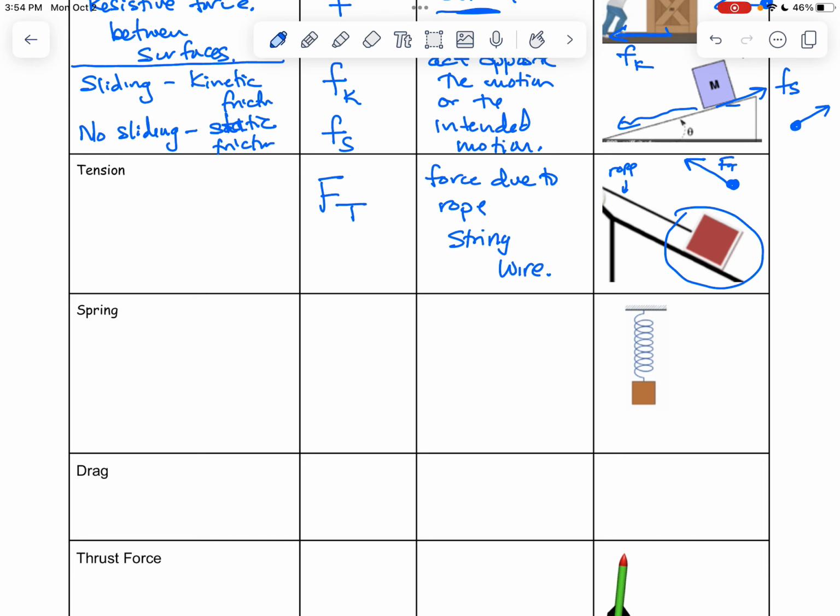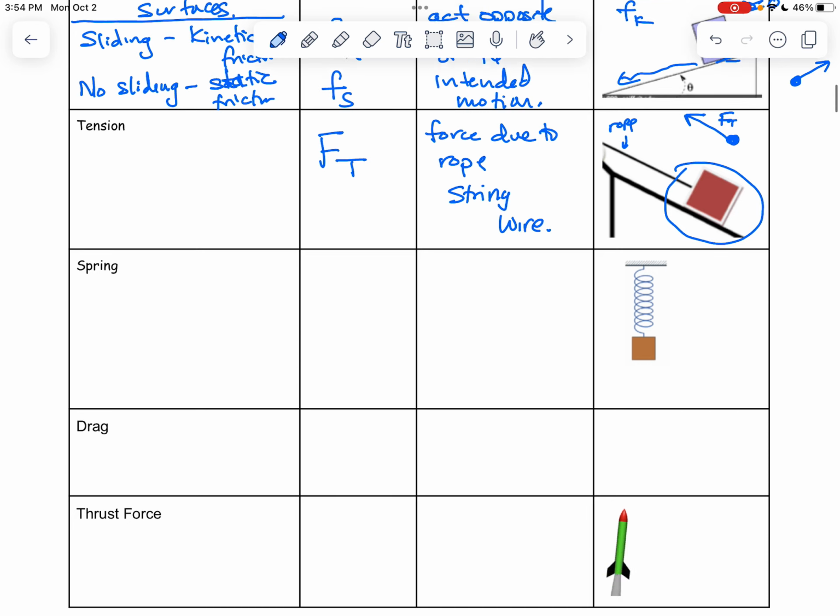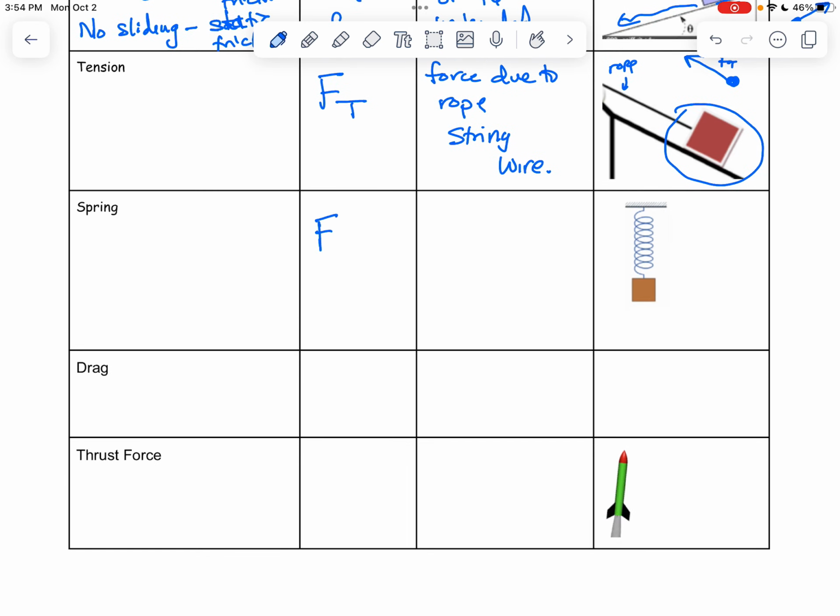Okay, spring forces are a very special case of forces. F sub SPR, usually to kind of differentiate it from a static frictional force. The agent of that force is going to be the spring. The spring pulls on it, much like a rope pulls or pushes on something.